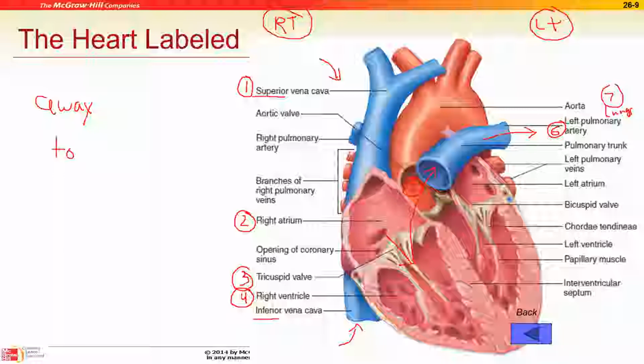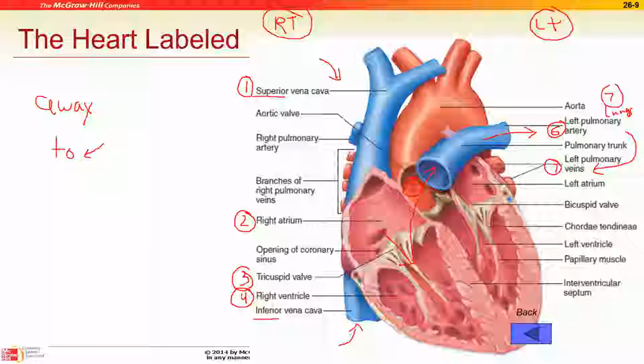Right? And then going back from the lungs, so what sends stuff back to the heart? Veins. Right? So that's where it gets a little confusing because people are used to, hey, veins are deoxygenated, arteries are oxygenated, but it has nothing to do with oxygenation. It's just pathway. Arteries away from the heart, veins back to the heart.